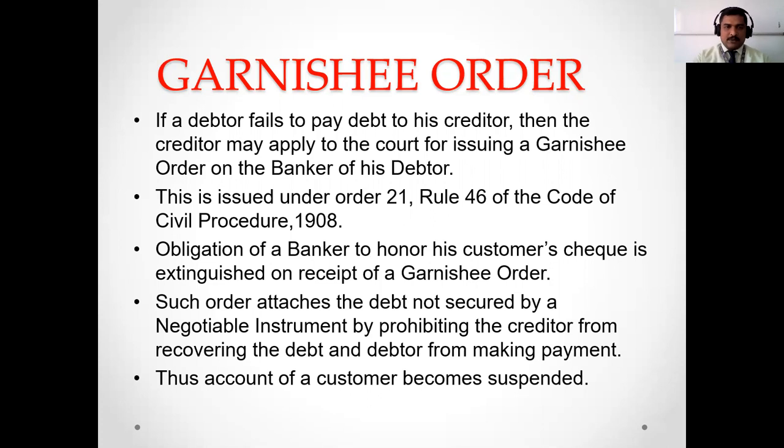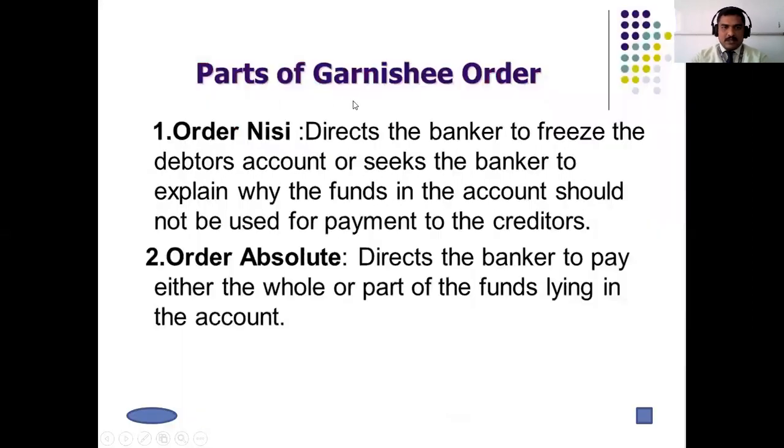So there are two parts in the Garnishee order. One is called order nisi, another one is called order absolute. Instead of saying two types, it is better to say different parts of the order. In the first part, the court directs the banker to freeze the debtor's account or asks the banker to explain why the funds in the account should not be used for payment to the creditors.